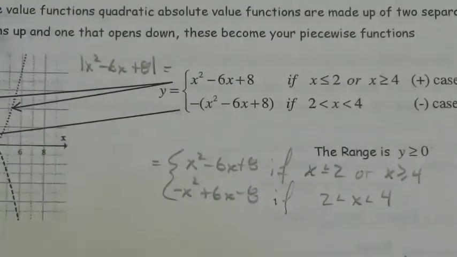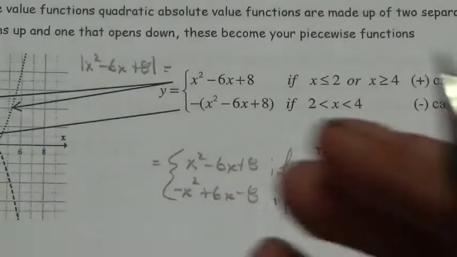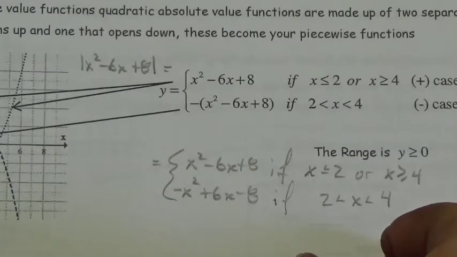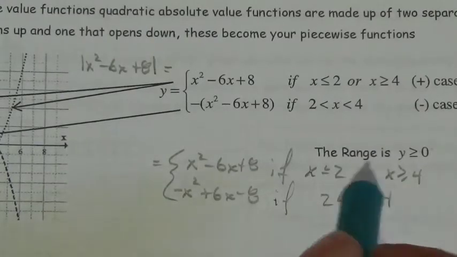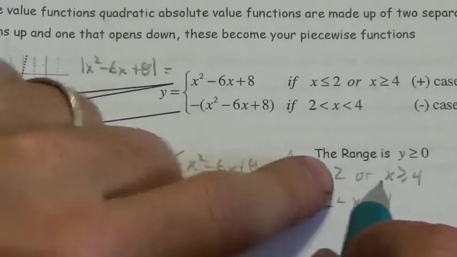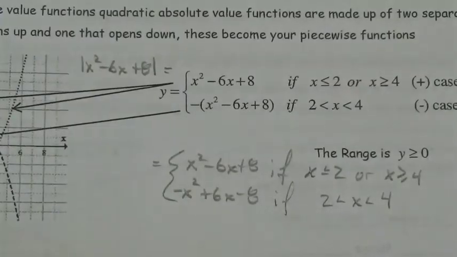This is the part that did change. There's our piecewise function. Notice it's slightly more complicated, but really is the exact same thing that we did before. It's just that now, because of the quadratic, more often than not, we're going to have these two pieces where we're outside the roots, less than 2, greater than 4, or then in between the roots.